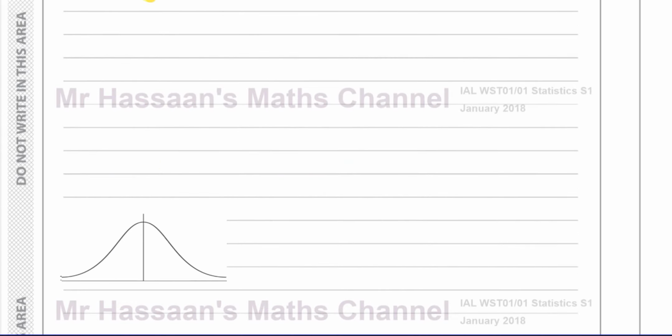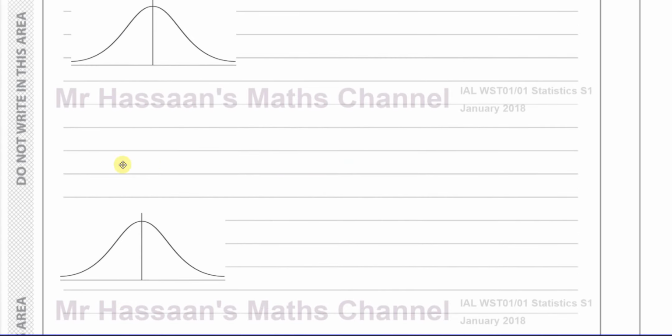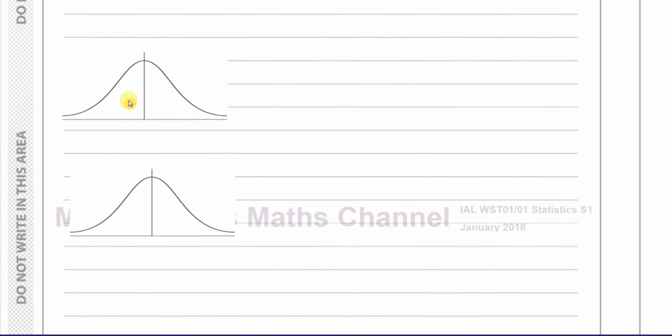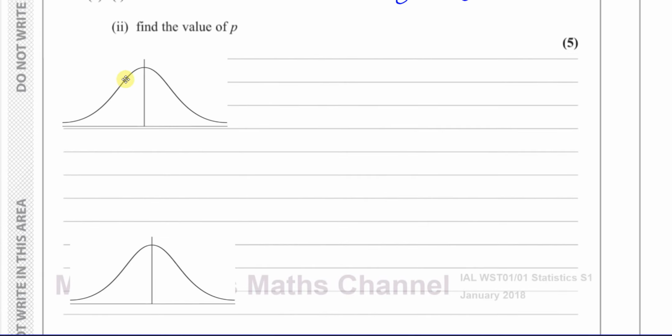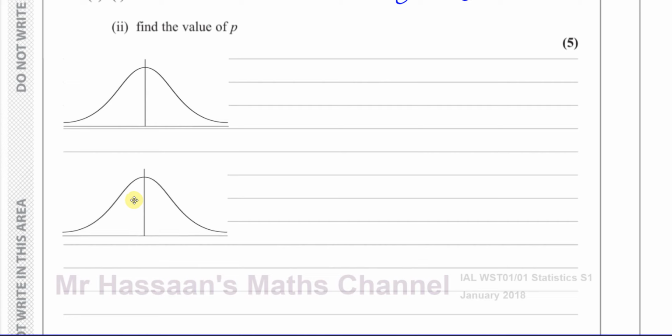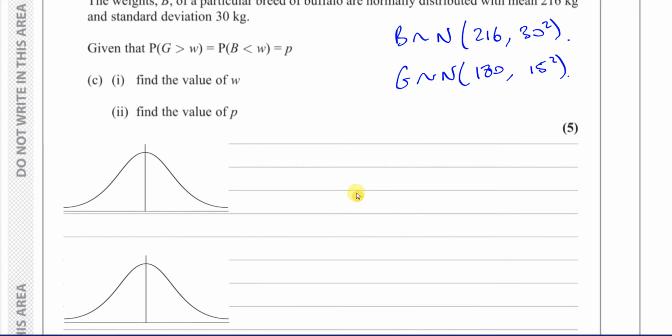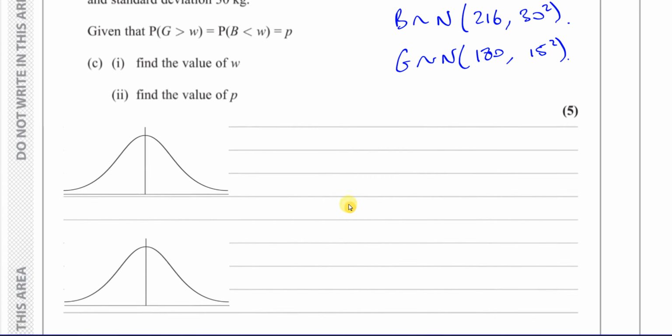Okay, so let me just get 2 of these this time, and I'll compare them. One for B, one for G. One for the buffalo, one for the gorilla. Right? So now, say this is the buffalo and this is the gorilla.